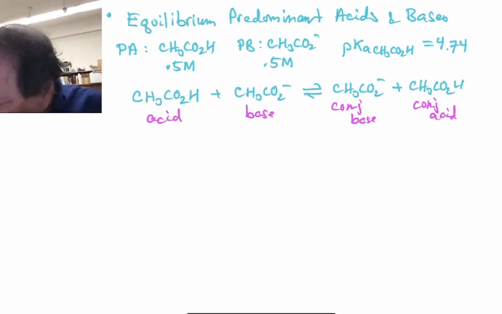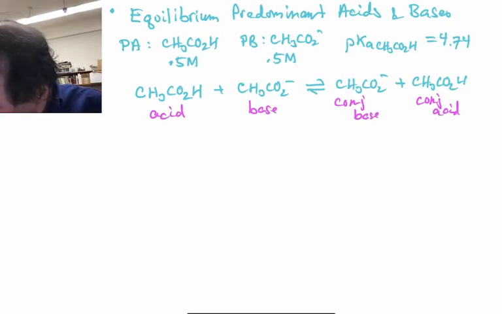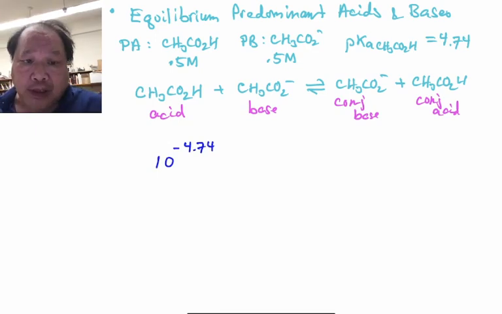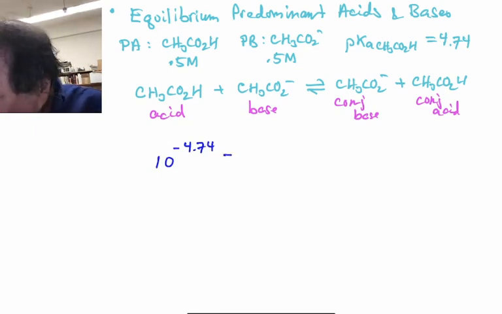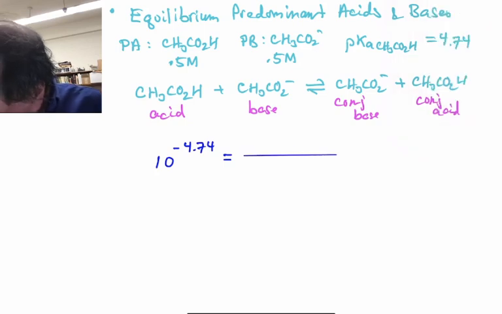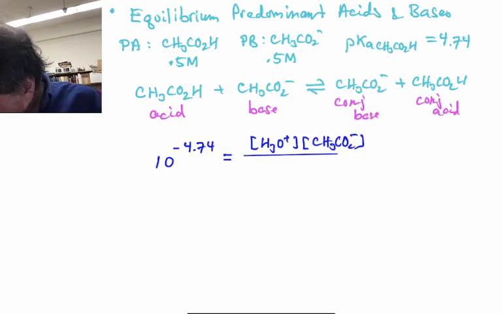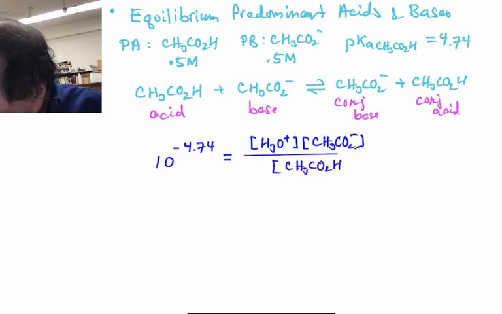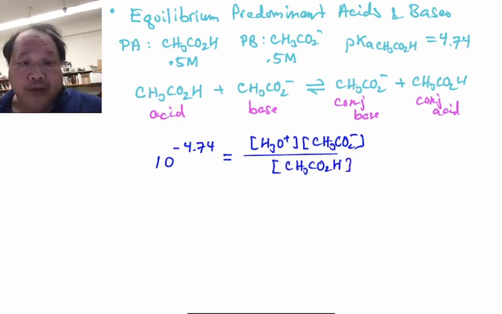The Ka is 10 to the minus 4.74, since that's the pKa, and that's going to be equal to the concentration of H3O plus times the concentration of CH3CO2 minus divided by the concentration of the acid itself. And we're going to now take the minus log base 10 of both sides.